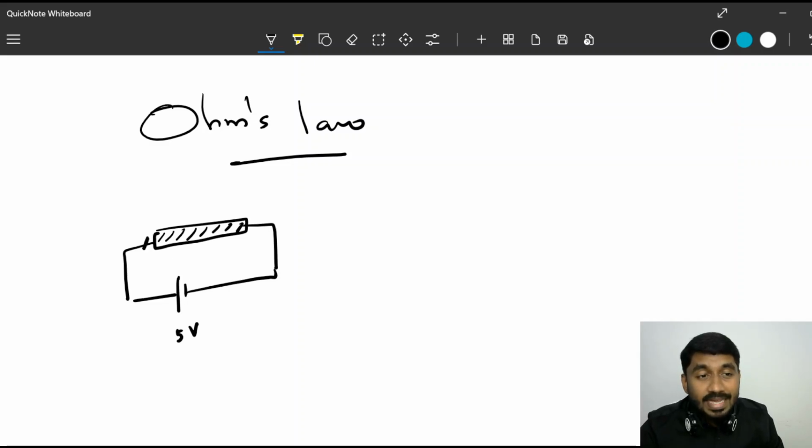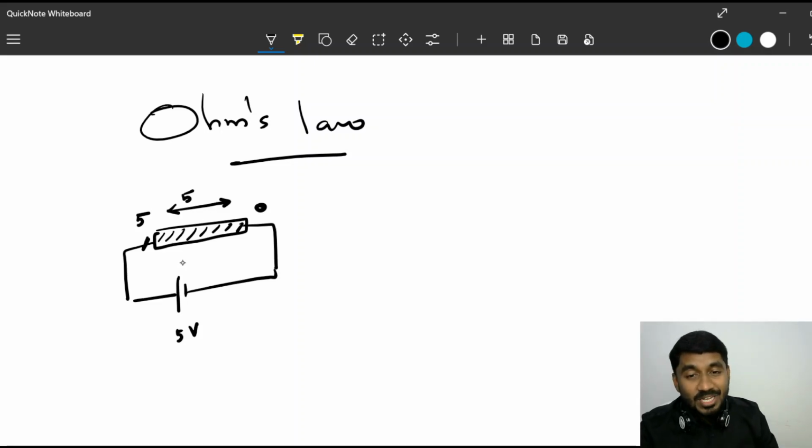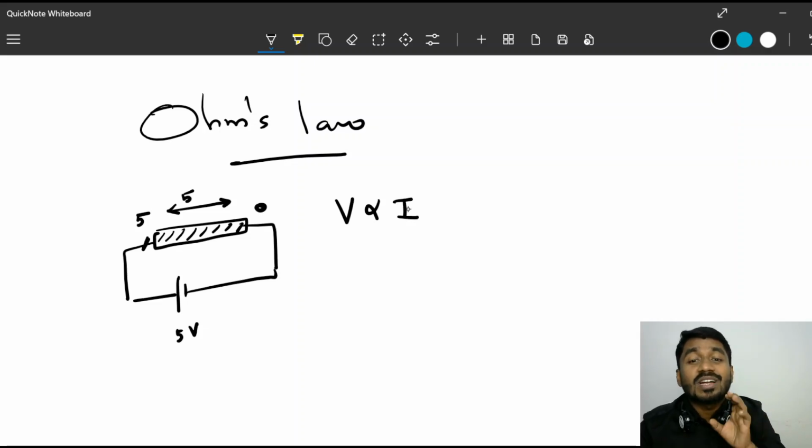The battery creates a potential of 0 at one end and 5 at the other end of the conductor. So what is the difference here? 5. Ohm says that this potential difference is proportional to the current flowing through the conductor.